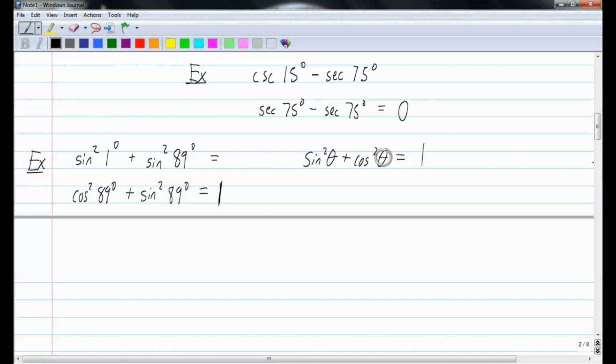As long as these angle measures are the same, that's always equal to 1. So just by changing sine squared of 1 degree into its cofunction, I'm able to work the problem without knowing what the sine or cosine of 89 degrees is equal to.